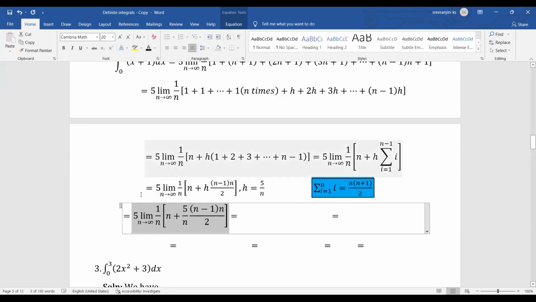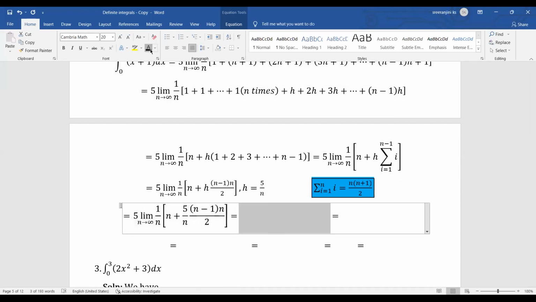What will be the result? 5 into limit n tends to infinity, 1 by n, n plus h is replaced by 5 by n, into (n minus 1) into n by 2. The 5 by 2 we cannot cancel, and n will get cancelled.